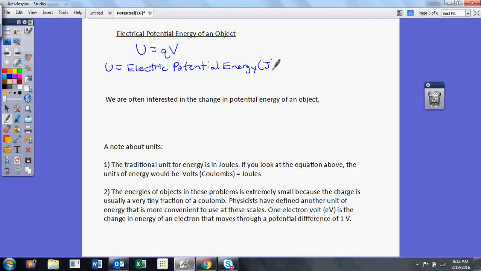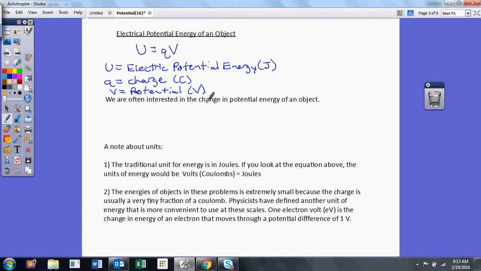That's going to be in joules, just like we always measure energy. Q is equal to charge, measured in coulombs. And V is the potential, measured in volts.